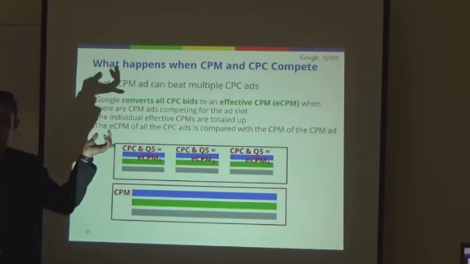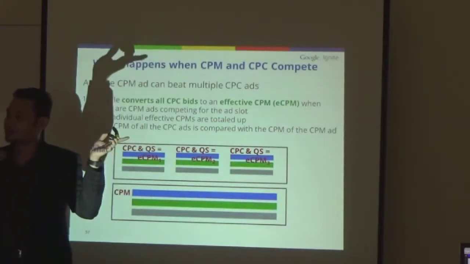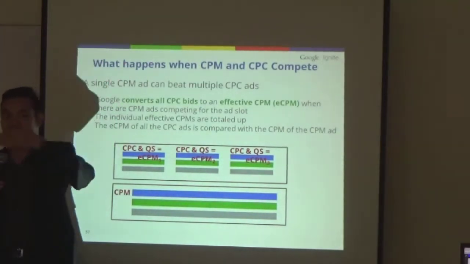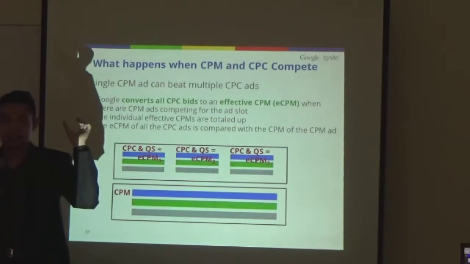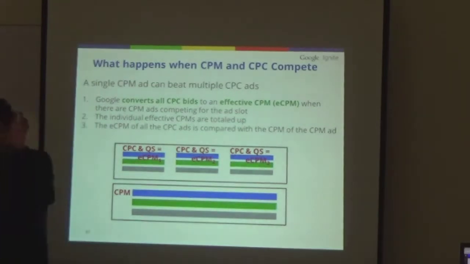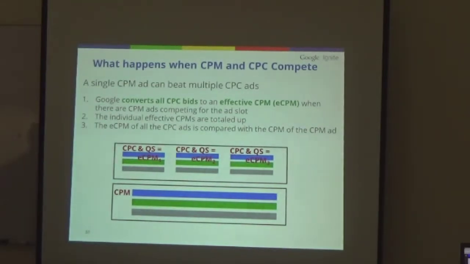Previously, Alan got the spot because Alan bid the highest when CPC was converted to CPM. But in this case, CPM can also win the auction. A question might come up about how this actually happens.